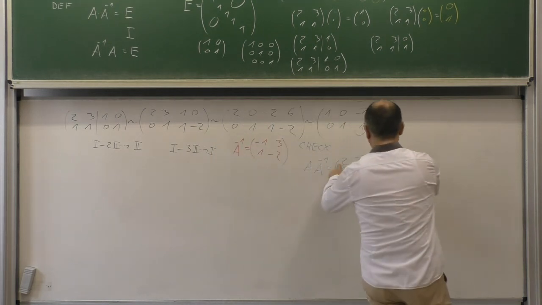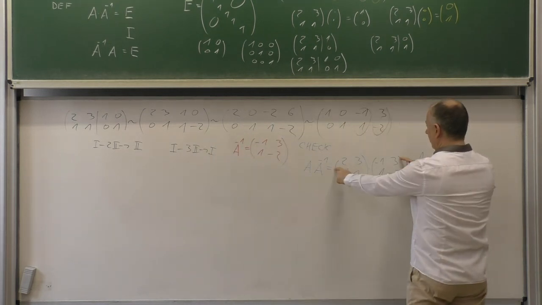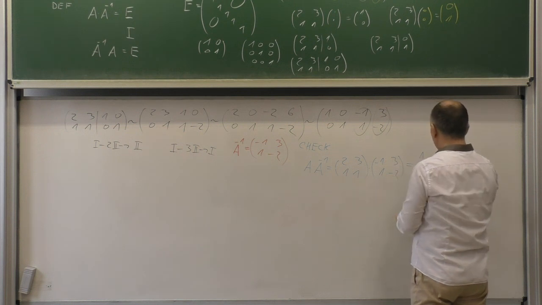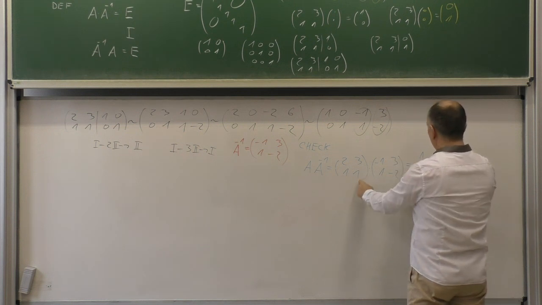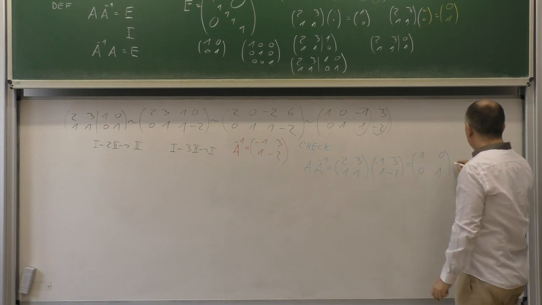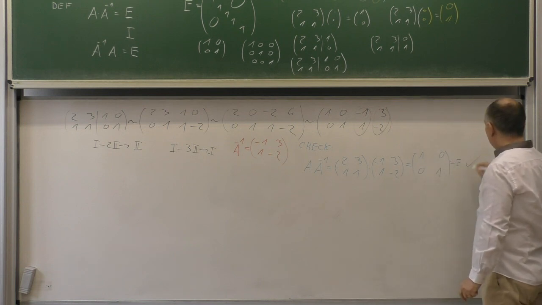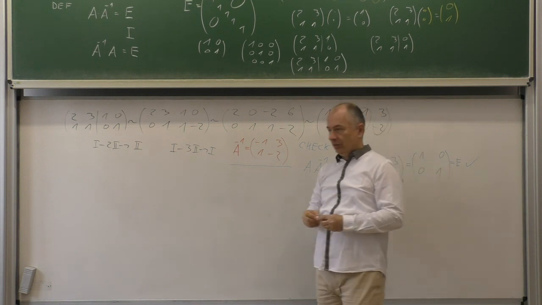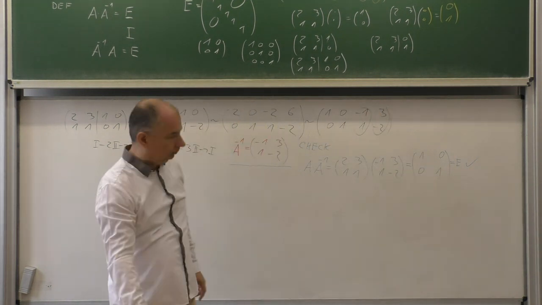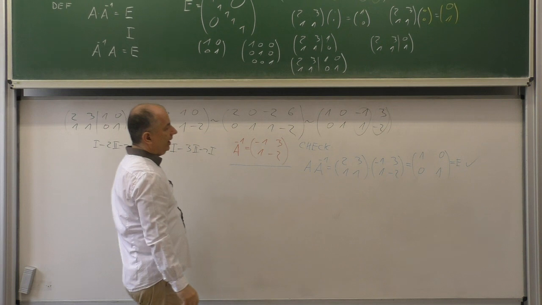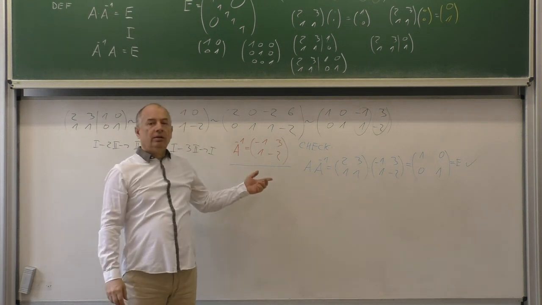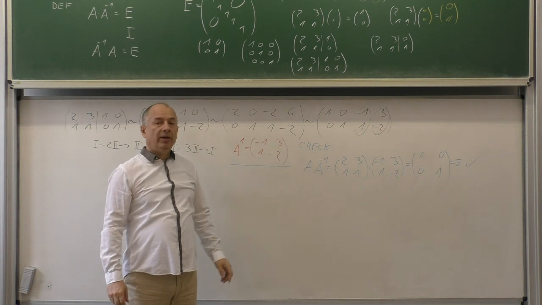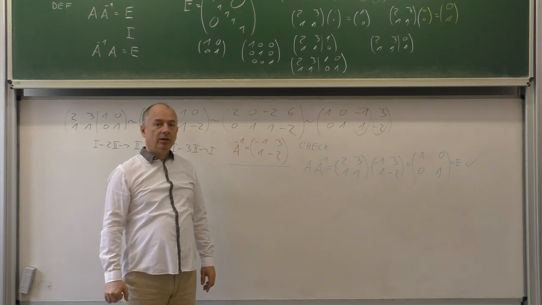So we have -2 plus 3 is 1, 6 minus 6 is 0, -1 plus 1 is 0, and 3 minus 2 is 1. And this is indeed the identity matrix, so it looks good. It means this is indeed the inverse matrix. And in the next session, we will see another method how to evaluate the inverse.